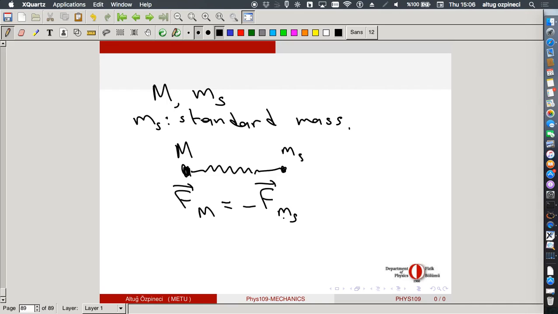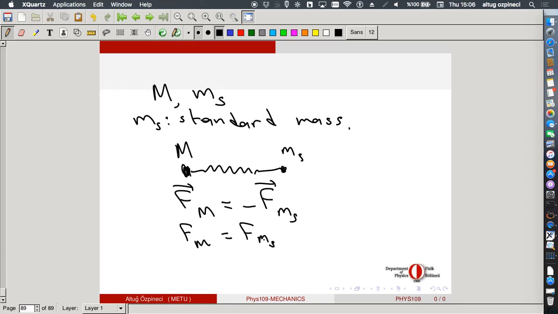Well, if two vectors are equal, then their directions are equal and their magnitudes should also be equal. So the magnitude of Fm is equal to the magnitude of the force that the standard mass feels.